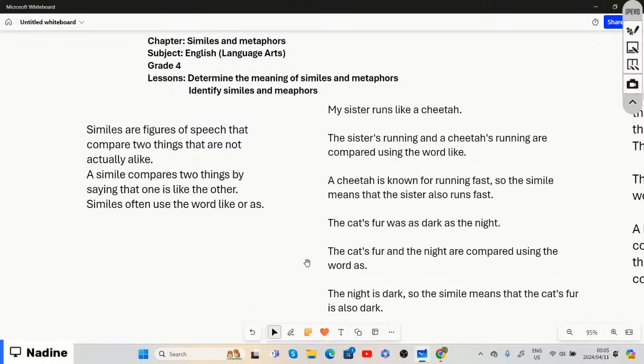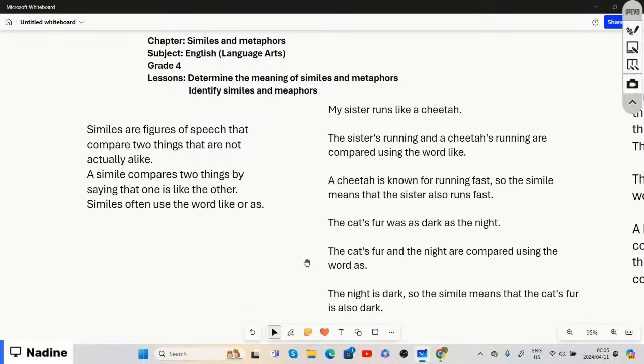So we use words like "like" or "as" to compare things. It's like you're comparing how fast or how slow someone is either to a cheetah or to a snail.